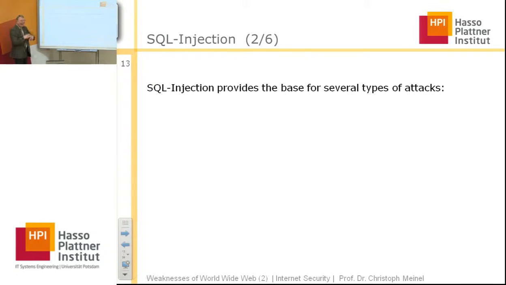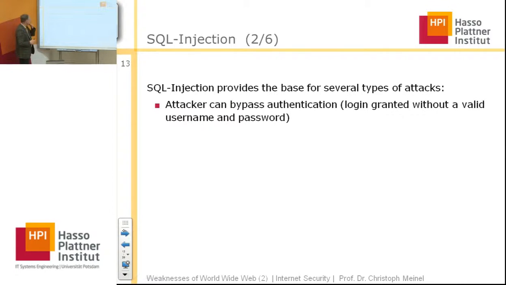So the basic idea of these SQL injections provides the basis for several types of attacks. The attacker can bypass authentication, so you get a login granted without a valid username and password.